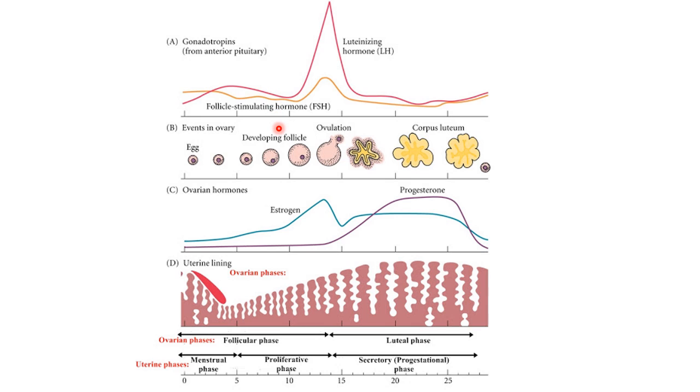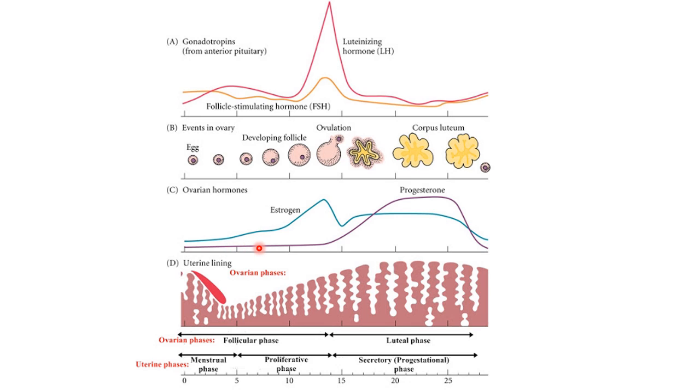Remember, just before day 14, there's a surge of estrogen that will cause a surge of luteinizing hormone from the pituitary that will stimulate ovulation. After ovulation, we have the development of the corpus luteum within the ovary. And remember that this is due to the presence of luteinizing hormone. So now we're in the luteal phase of the ovarian cycle.